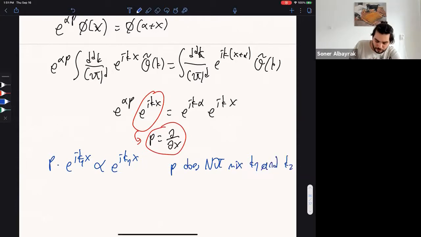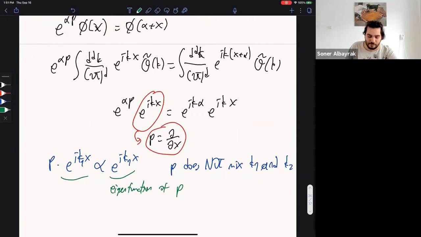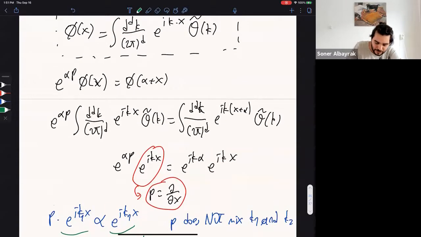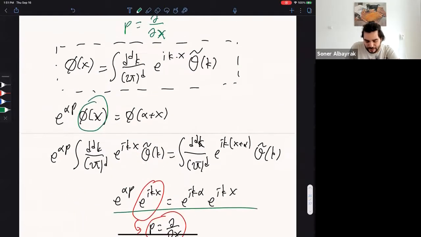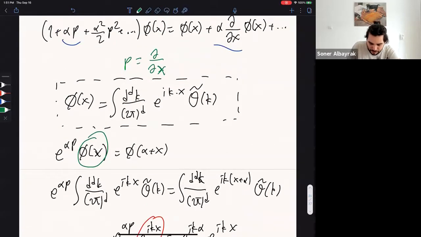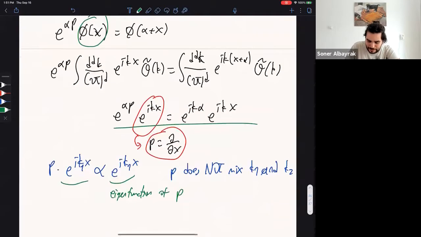When I act on e to the i k1 x with p, what I get is proportional to e to the i k1 x. This is because that function is actually an eigenfunction of p. What I did was start with this function and expand it in the eigenfunctions of the translation operator, which made my job more trivial. It was already trivial here, and this is also simple, but nevertheless this is more systematic. Is this clear?